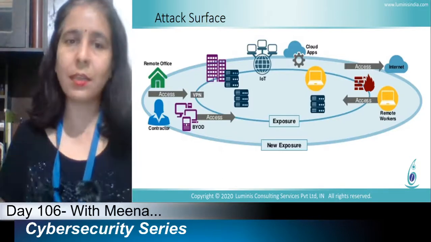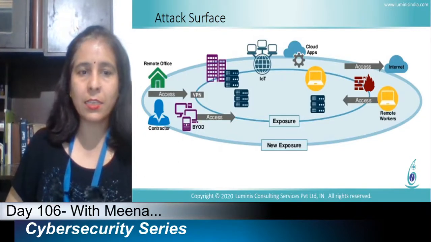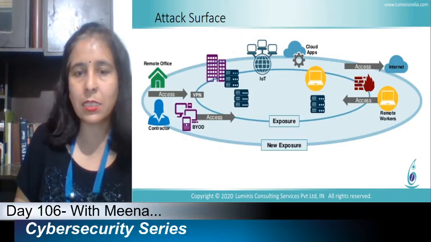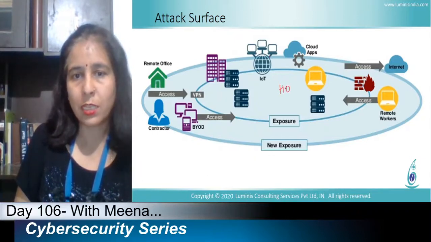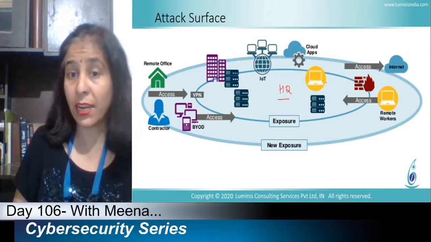As you can see in our diagram, there is a company, for example the inner circle. This is the corporate office, the headquarters, and it has some resources, some servers, some end devices.